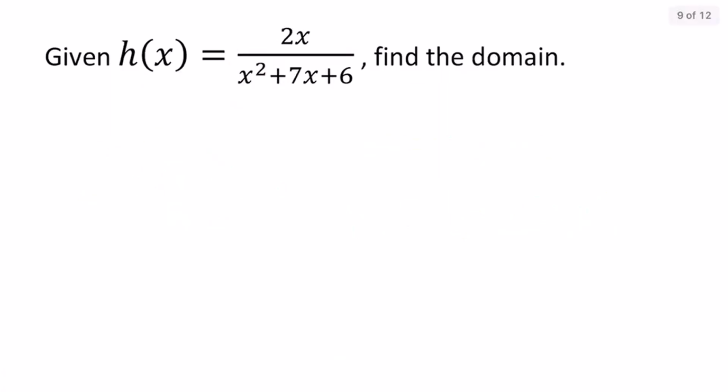Given h of x is equal to 2x over x squared plus 7x plus 6, we want to find the domain. So with this one, again, we have a fraction, so the denominator is not equal to 0. So we have x squared plus 7x plus 6 cannot equal 0.